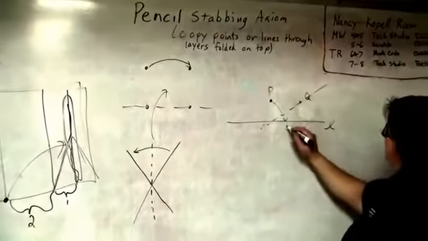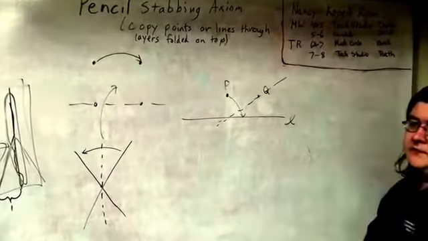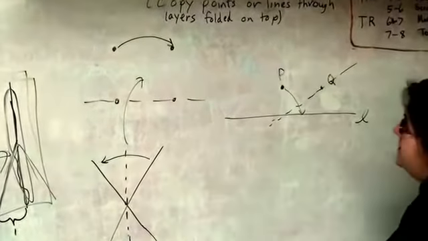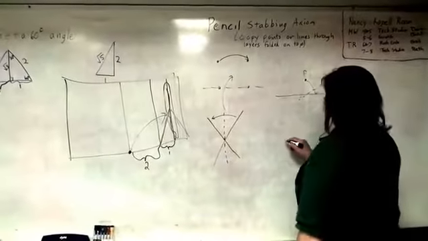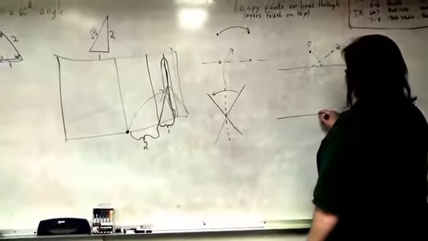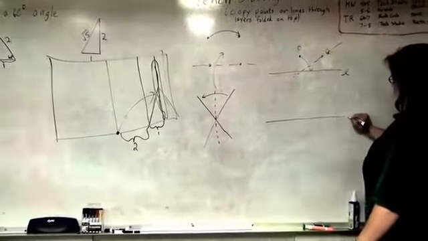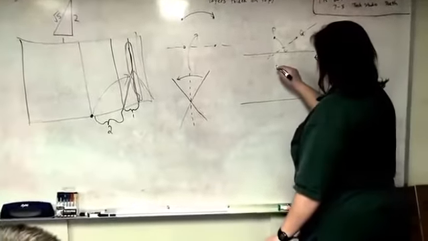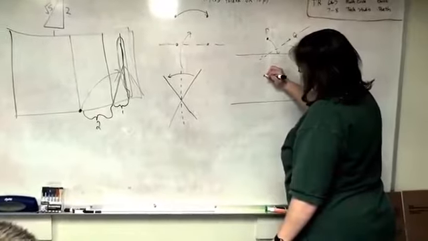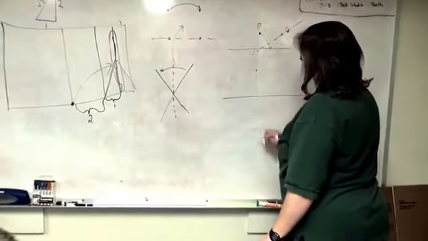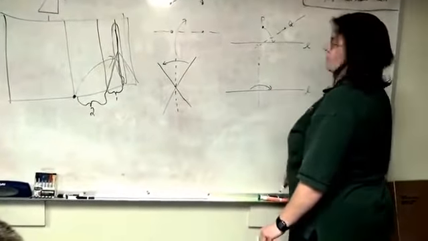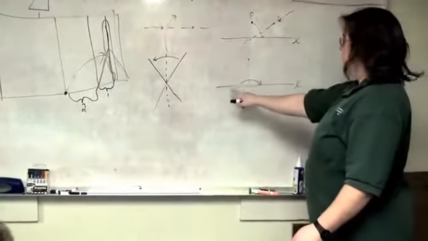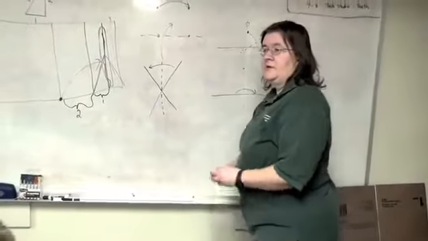So that P goes down to L and it passes through Q. Okay, and what else? I think we had one about a perpendicular. Oh, right. If you have a line, you can make another line that's perpendicular to it. If you have a line and a point, you can make another line that passes through the point and is perpendicular to the line.